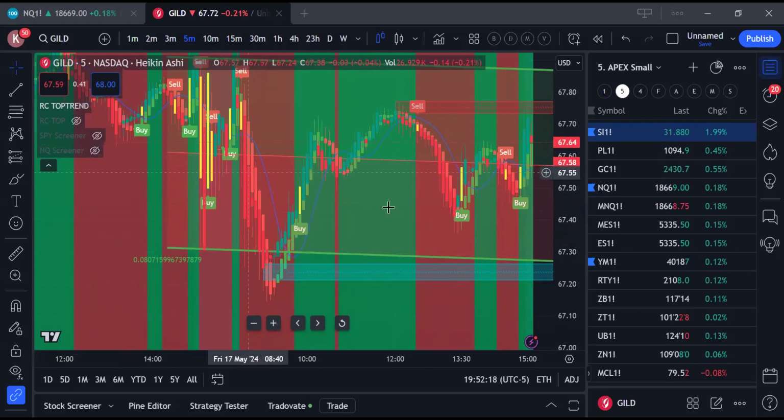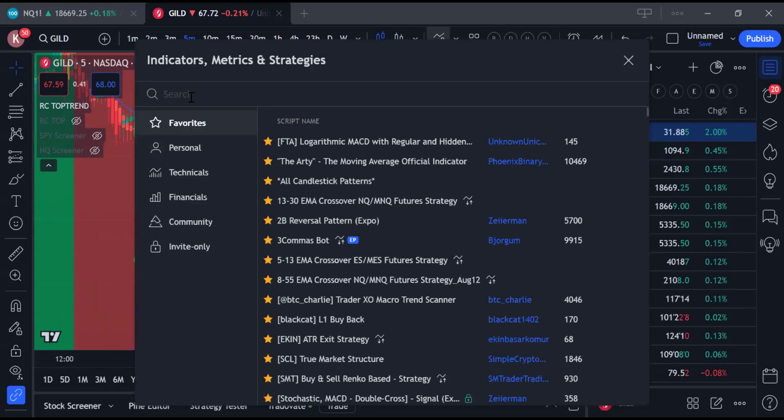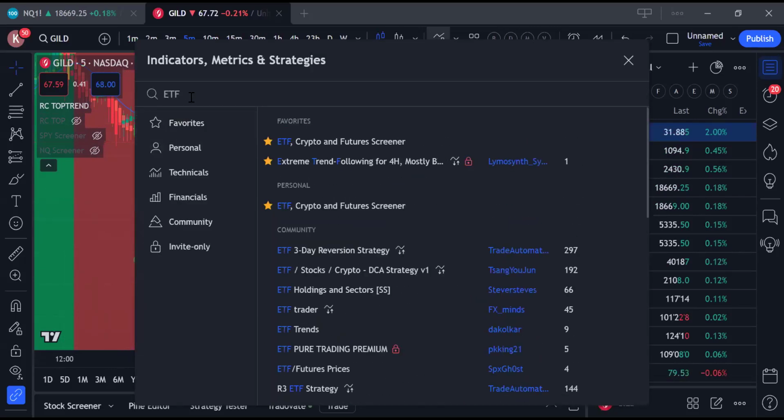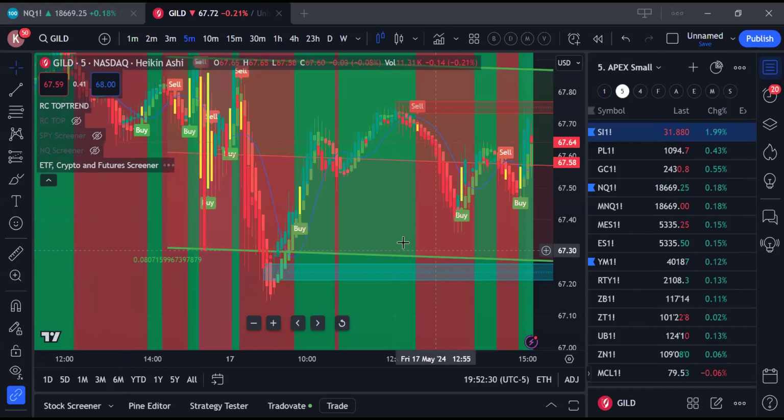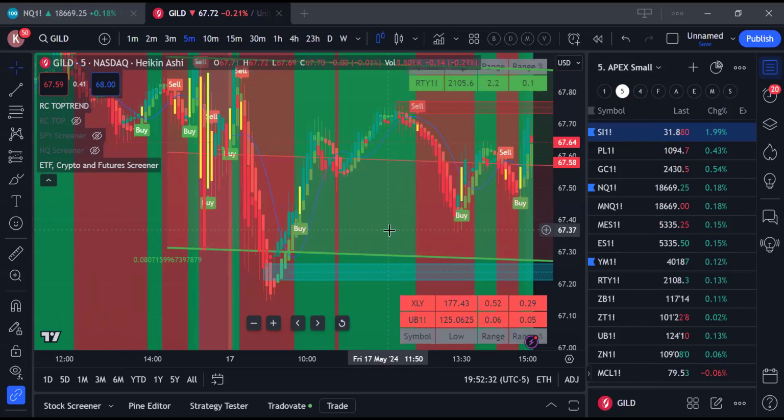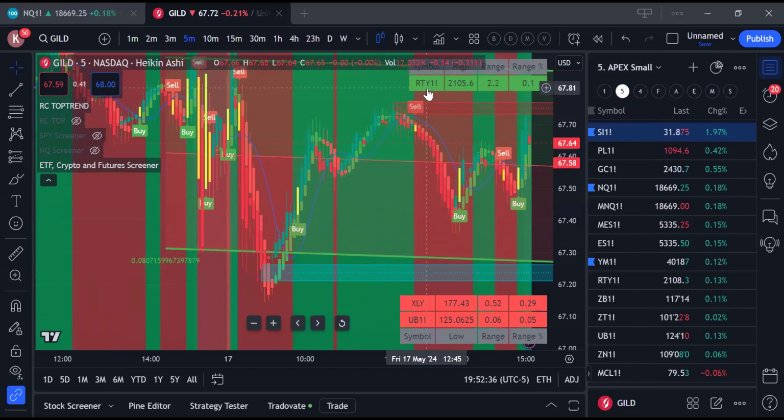In the same way, right? You can also scan these ETFs.